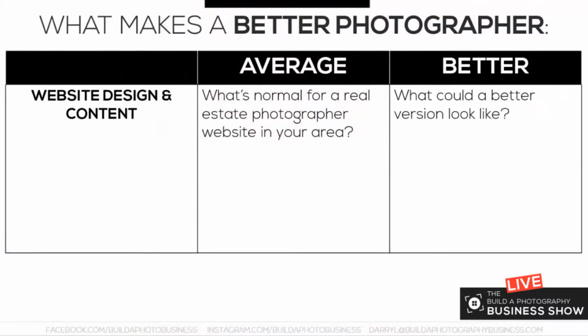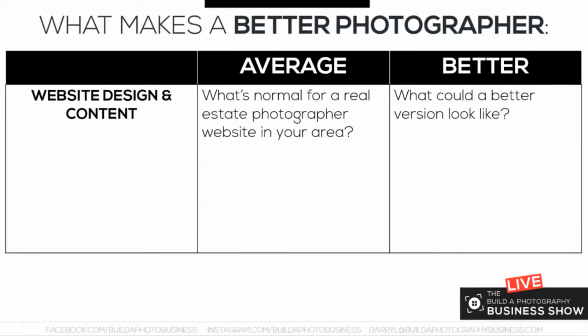So I've seen a lot of real estate photographer websites, and too many of them, I think, look very basic and need improving. So what you might want to do is to write down what's normal for a real estate photographer in your market. And then in the next column, write down what a better than normal photographer would do with their website. So with this, we're thinking about the design of the site, but we're also thinking about the content on the site and what that says about you as well.